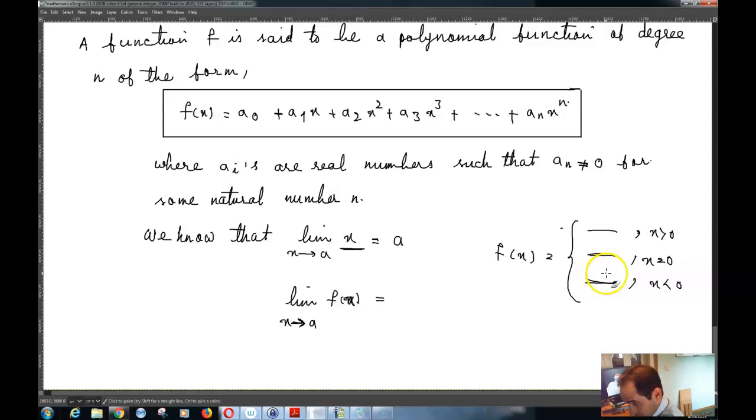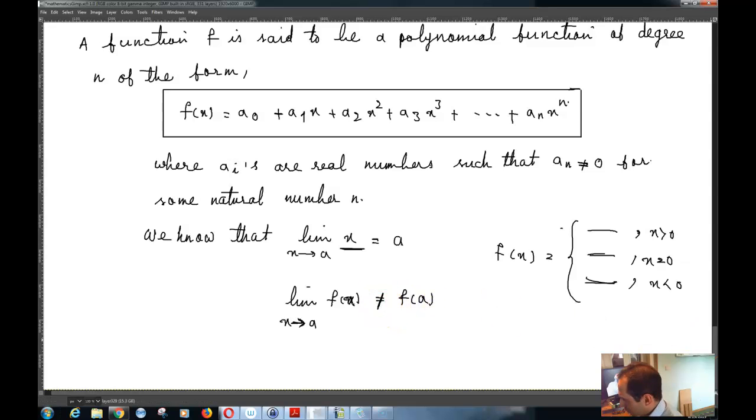I don't know what these functions are actually called, but for this kind of function we saw that the limit of the function as x tends to a was not equal to f of a.